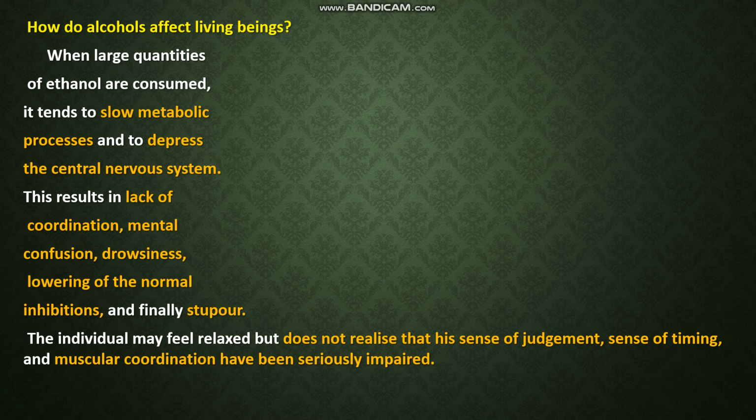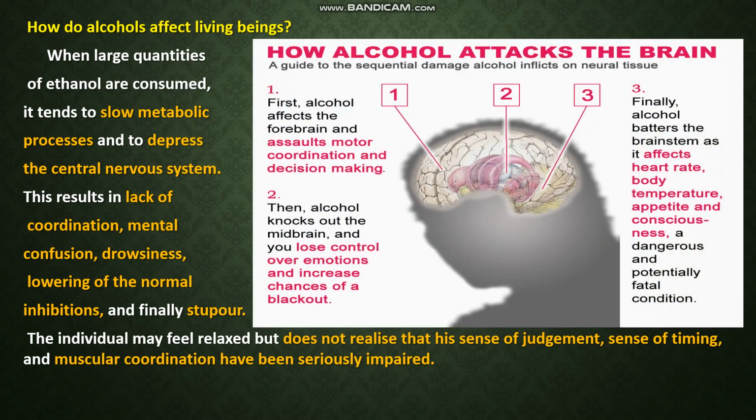The individual may feel relaxed but does not realize that his sense of judgment, sense of timing, and muscular coordination have been seriously impaired. So let us see how alcohol attacks the brain. First, it affects the forebrain, as well as motor coordination and decision making. Next, it attacks the midbrain. What happens? Loss of control over emotions and increased chances of a blackout.